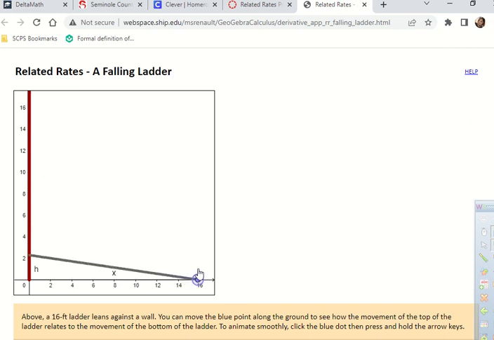The ladder never changes length, no matter what. The hypotenuse stays the same, but what changes? The angle. The angle does change, and we'll talk about that in another problem, but you're right. So essentially the A and the B change, but the ladder stays the same. So this would be an example of a change in the lengths, where a ladder falling down the side of a house would be one of those examples.